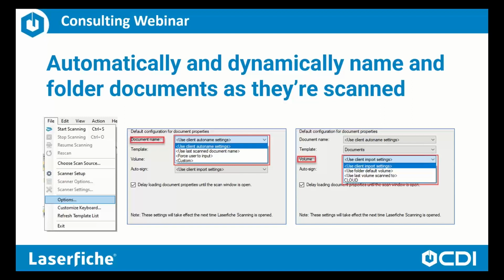Within the options, we have various settings that are mostly the same between the different options here. So for the document name, for example, we can use our auto name settings from the Laserfiche client. We can use the last scanned document name. We can force our user to input a new name, or we can use a custom document name. And we will review the other properties available during the live demonstration portion of today's webinar.